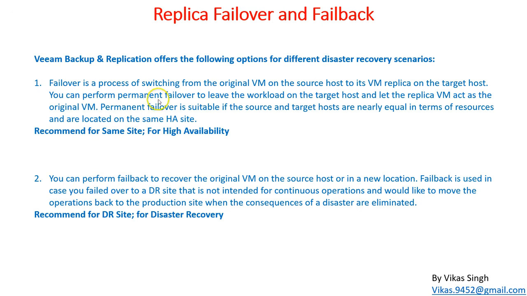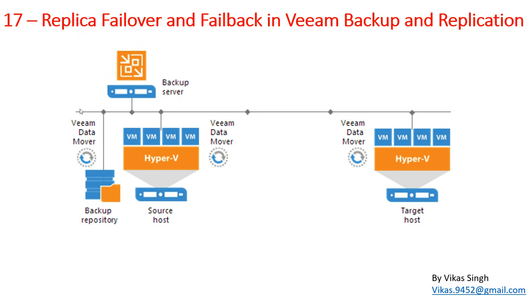We can do the failover to switch from the original virtual machine to its replica virtual machine. Also, you can perform a permanent failover to leave the workload on a target host and let the replica VM act as the original VM. So you can do a permanent failover of this VM to the secondary or target host, and this virtual machine becomes your primary virtual machine in production.